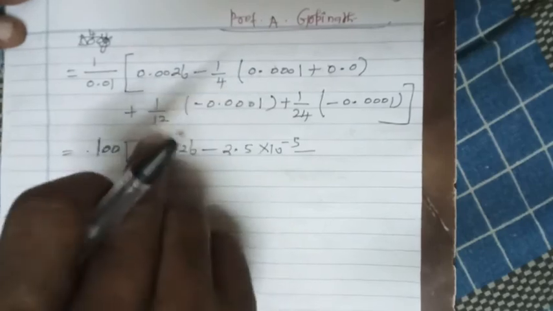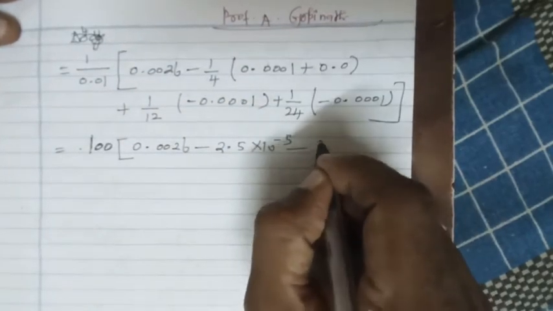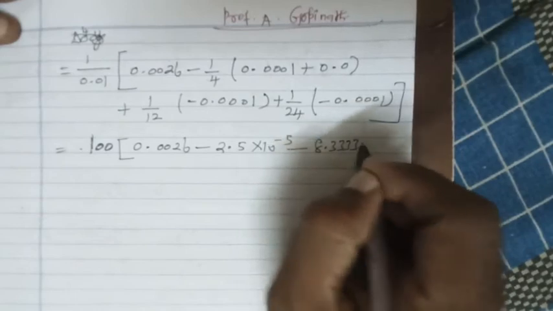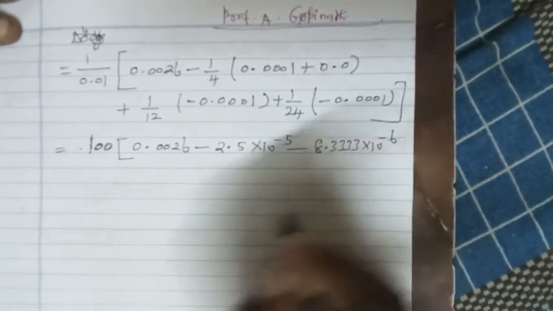This result divided by 12, we can get the result 8.3333 into 10 to the power of minus 6.